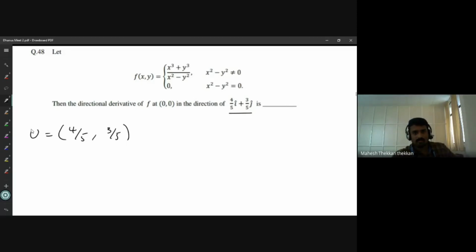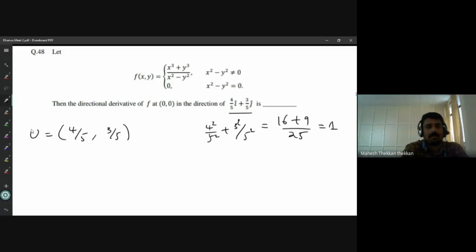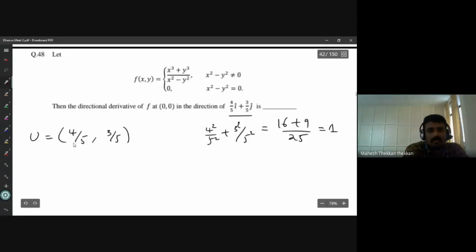So 4/5, 3/5: what you get is 4 square by 5 square plus 3 square by 5 square. This is 16 plus 9 by 25, so that will be 1, correct? So it is a unit vector. If it is not a unit vector, you should make it a unit vector by dividing by its magnitude. So this is a unit vector.